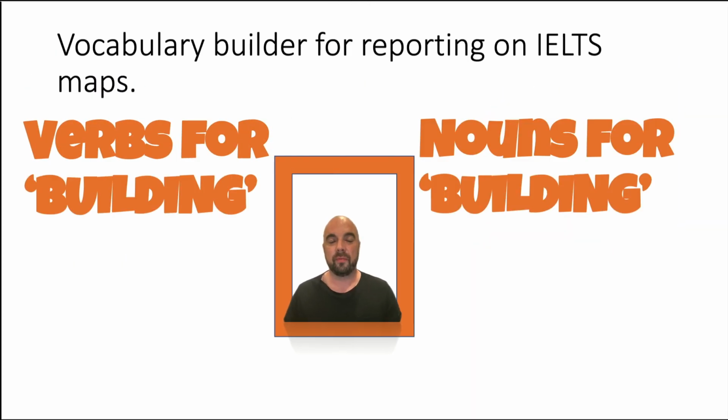So we're going to look at some verbs or some synonyms for building. The first one is extend, expand, develop, put up, construct, and erect. These are verbs for building something and the synonyms are just here underneath. You can use any of these when writing your essay, but it's good to build up the vocabulary before we start. You can also change these verbs into nouns.